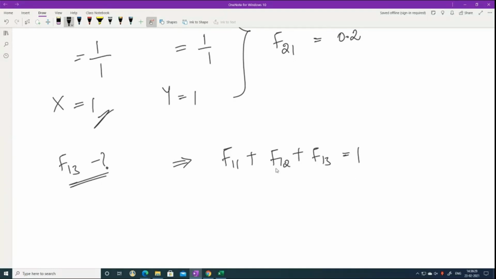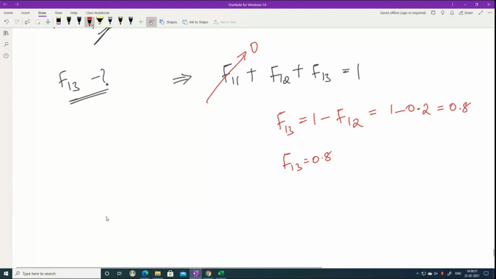Okay, you know this principle already. F11 will be equal to 0. It is a flat plate, so F11 cannot be more than 0. From this you can write F13 is equal to 1 minus F12, which is equal to 1 minus 0.2, which is equal to 0.8. So F13 you got as 0.8.